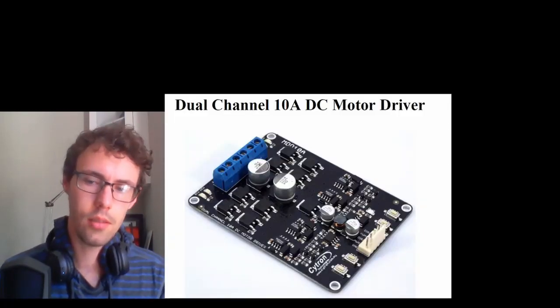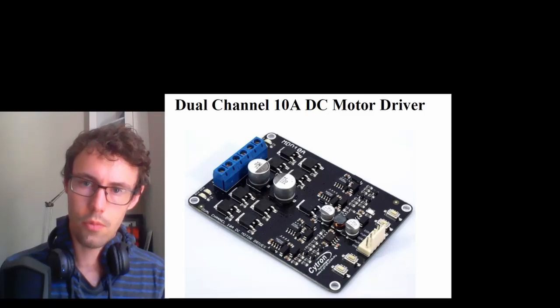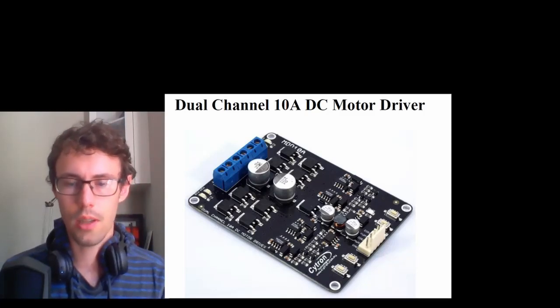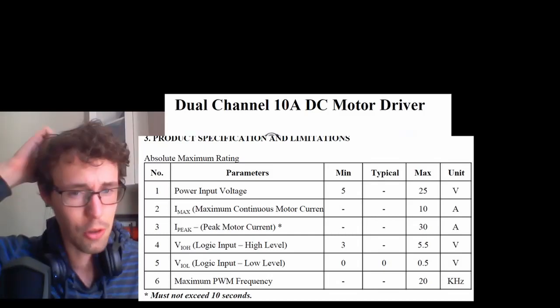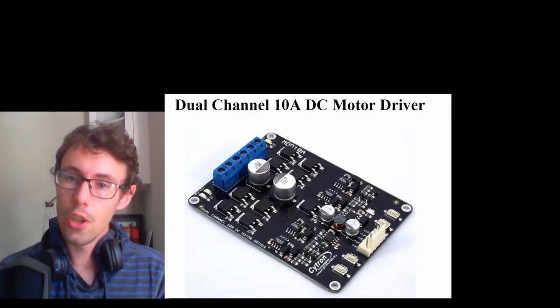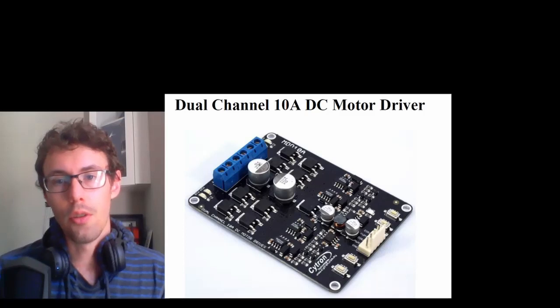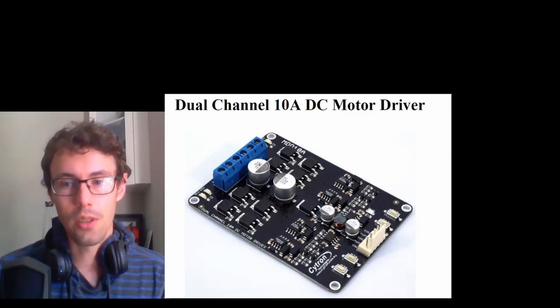I chose a Cytron MDD 10 amp motor driver. Cytron is a brilliant company. I really recommend you guys use them. It's not sponsored by them, I haven't contacted them for over 3 years, but their driver boards are very high quality and very cheap compared to other brands that I've considered.